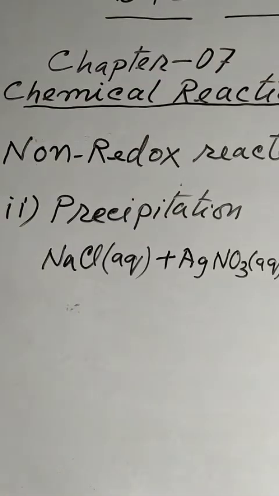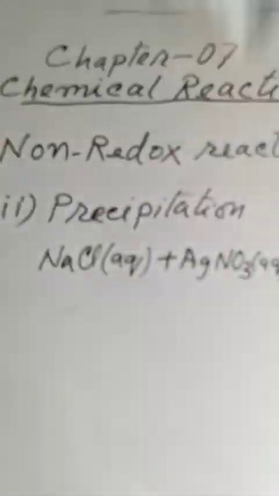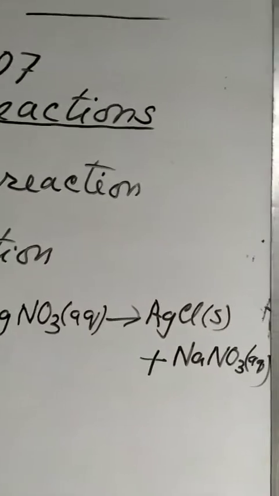Sodium chloride plus silver nitrate, aqueous, produces silver chloride, solid, which means insoluble, plus sodium nitrate.